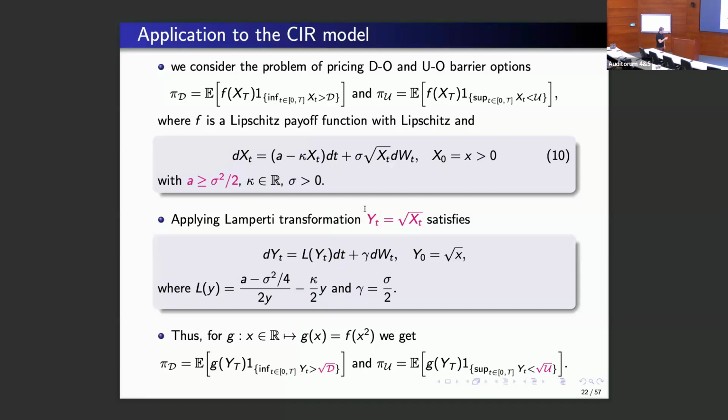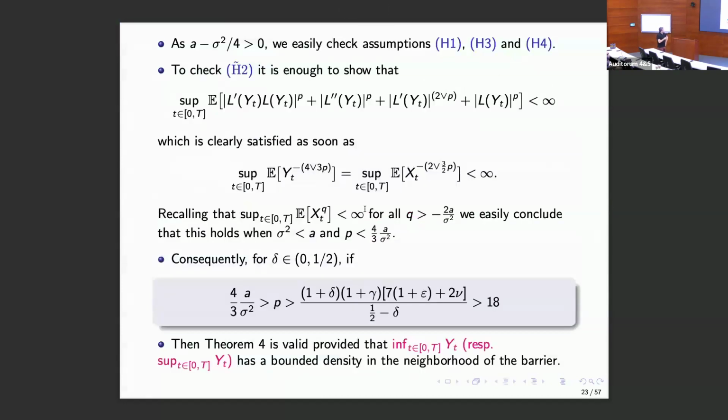For the case of the CIR, you are now interested in pricing these new payoffs, where now you are in the Lamperti space. So this is the list of conditions that you have to check.